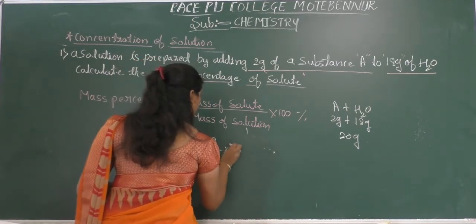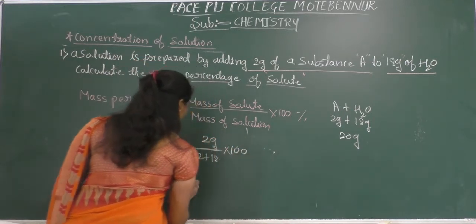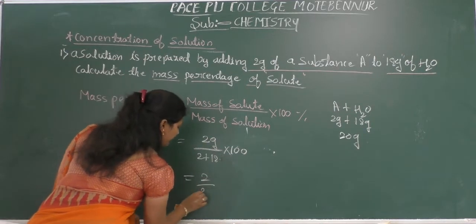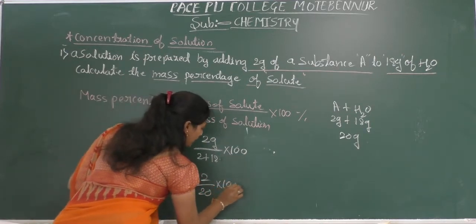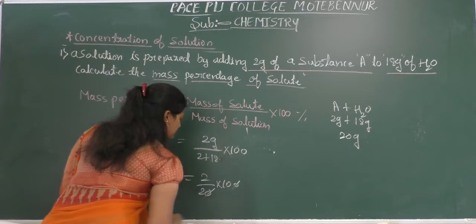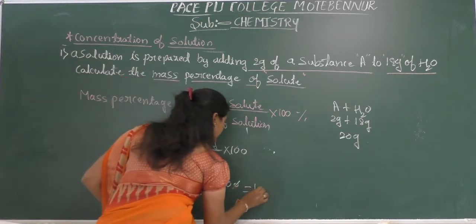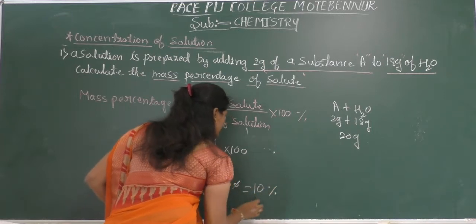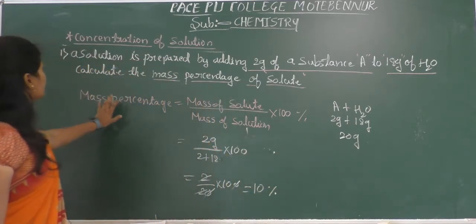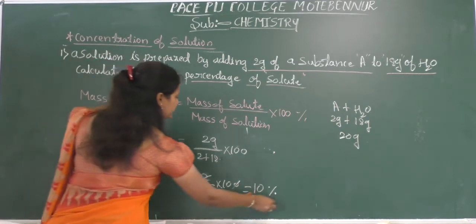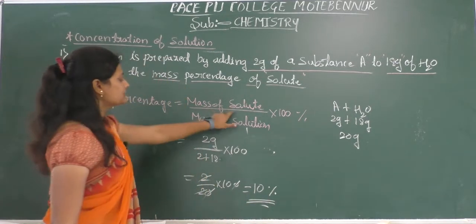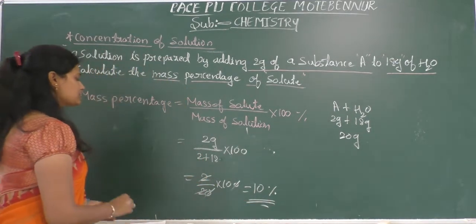So 2 divided by 20 into 100. Here the 2 will get cancelled, this will become 10%. So in the given solution, totally 10% of solute is present.